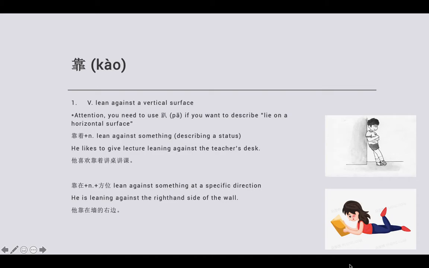So you need to use 靠在 instead of 靠着. So 他靠在墙的右边，他靠在墙的右边. Okay, this is the first one. And then you are going to do some exercise using the review.